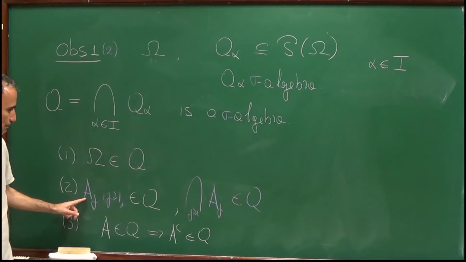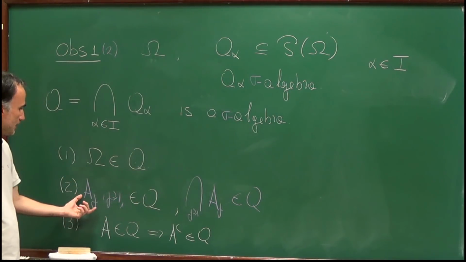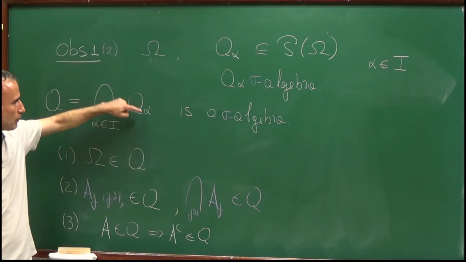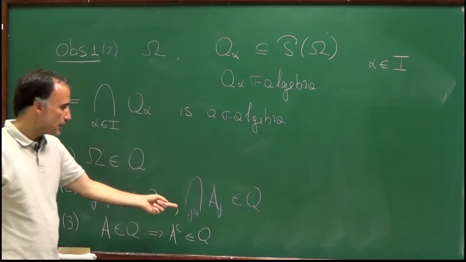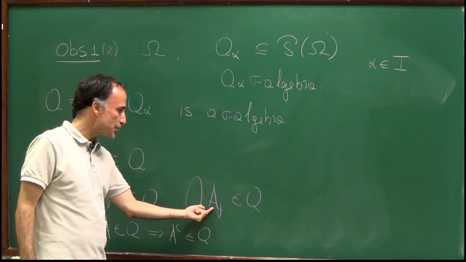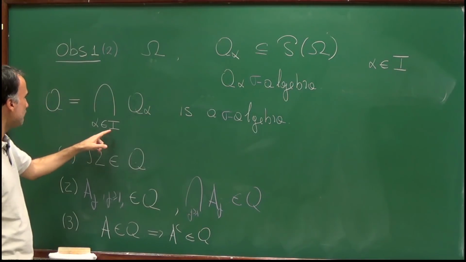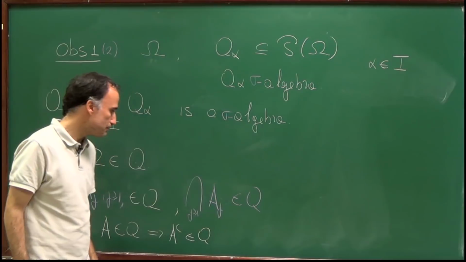Since Aj belongs to A for any j, these sets Aj belong to A alpha for any alpha. Since A alpha is a sigma-algebra, the countable intersection of Aj belongs to A alpha for any alpha, and therefore belongs to A, which is what we wanted to prove.